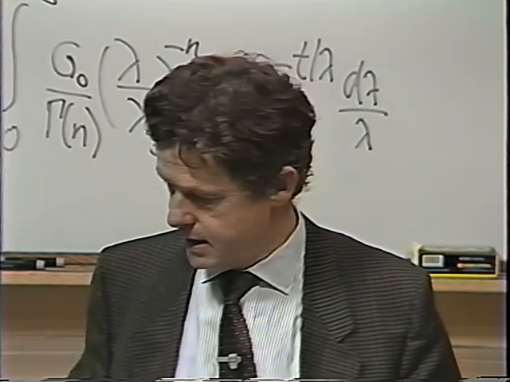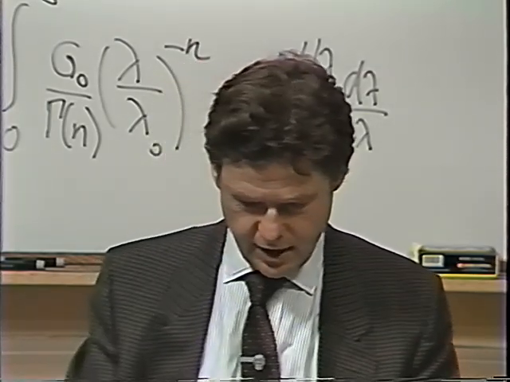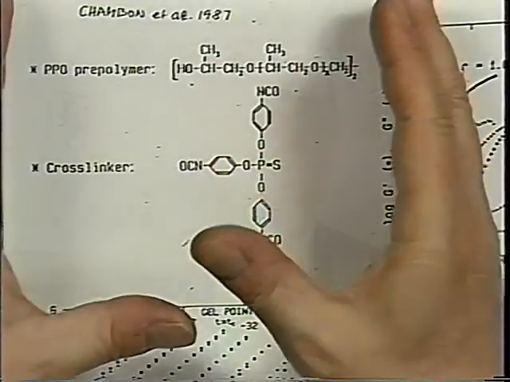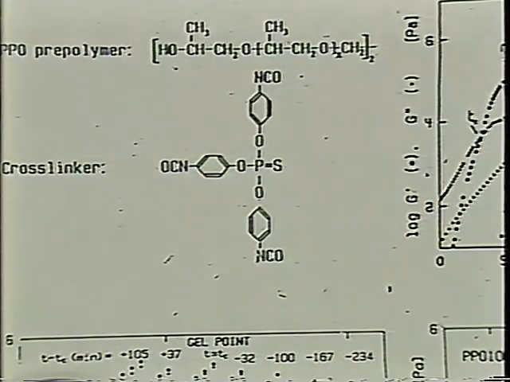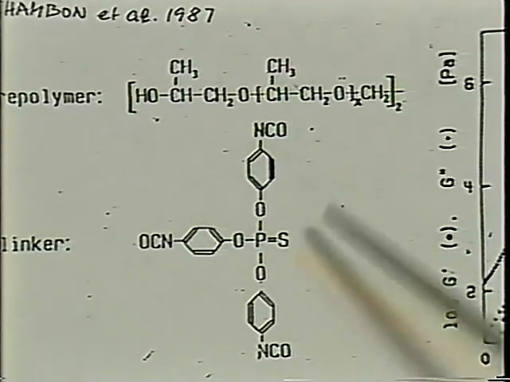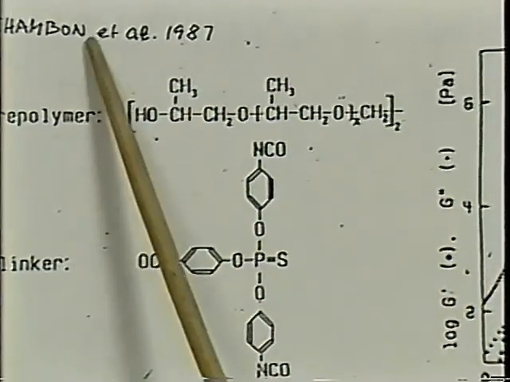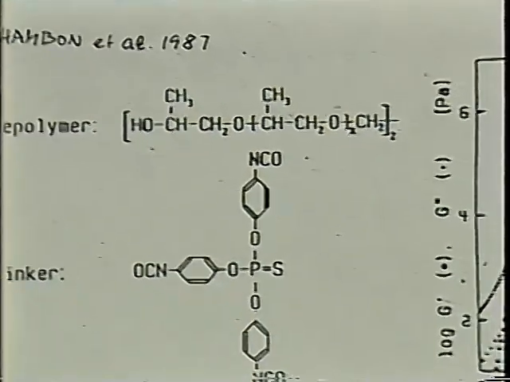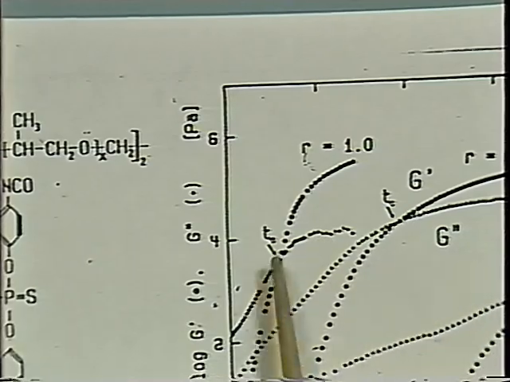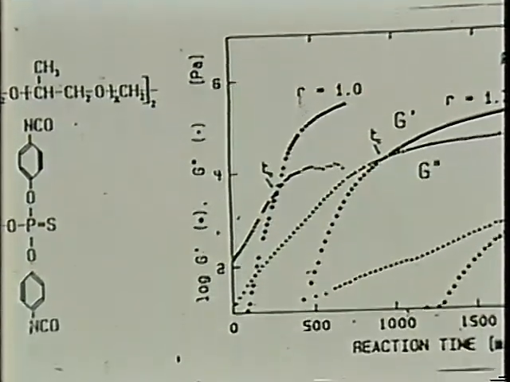In the last few minutes, let me take two data sets from the literature. If you please magnify this here, we're taking a polyurethane now in comparison. The 3-functional crosslinker, linear chain. Chambon did this in '87. And again, you see the evolution of G' and G" at different stoichiometric ratios.